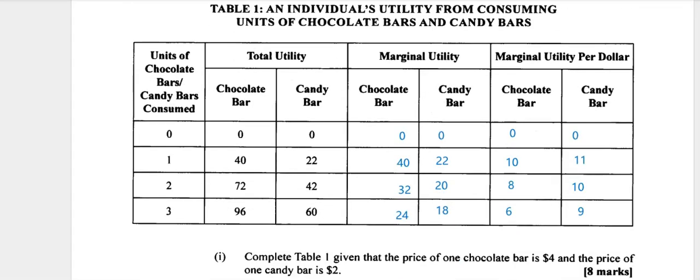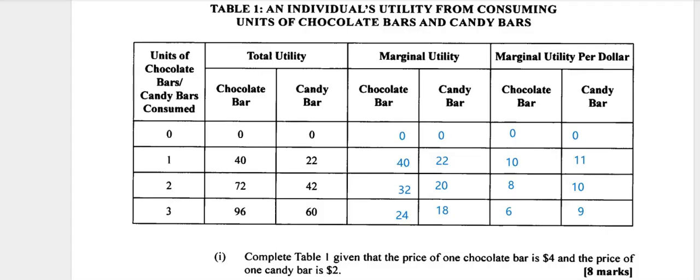That's the question there. It says complete the table given that the price of one chocolate bar is $4 and the price of one candy bar is $2. So remember, marginal utility is the change in total utility divided by the change in quantity consumed or demanded.